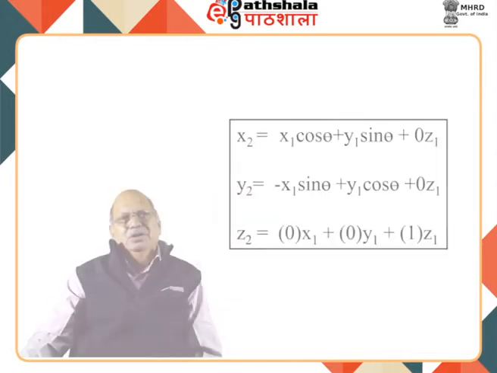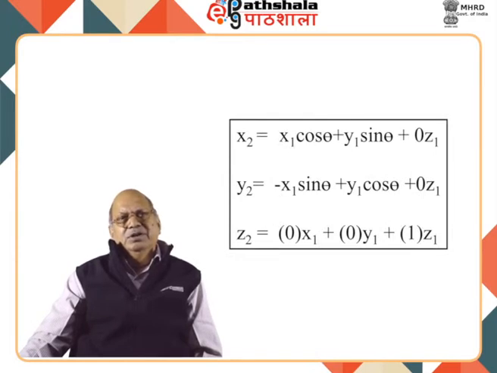Here the minus sign comes from x, y going to minus y, or y2 is equal to minus x sin theta plus y cos theta, and z2 is equal to z1 as we are carrying out rotation about the z axis.